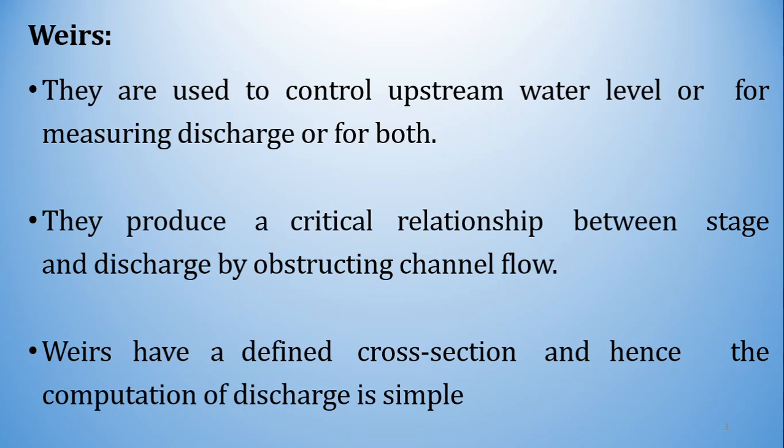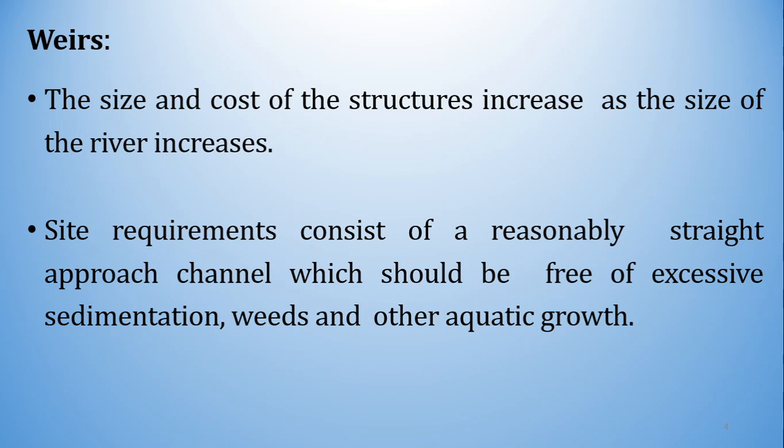Weirs are used to control upstream water level or for measuring discharge or for both. They produce a critical relationship between the stage and discharge by obstructing the channel flow. Weirs have a defined cross section and hence the computation of discharge is simple. The size and cost of the structure increases as the size of the river increases.